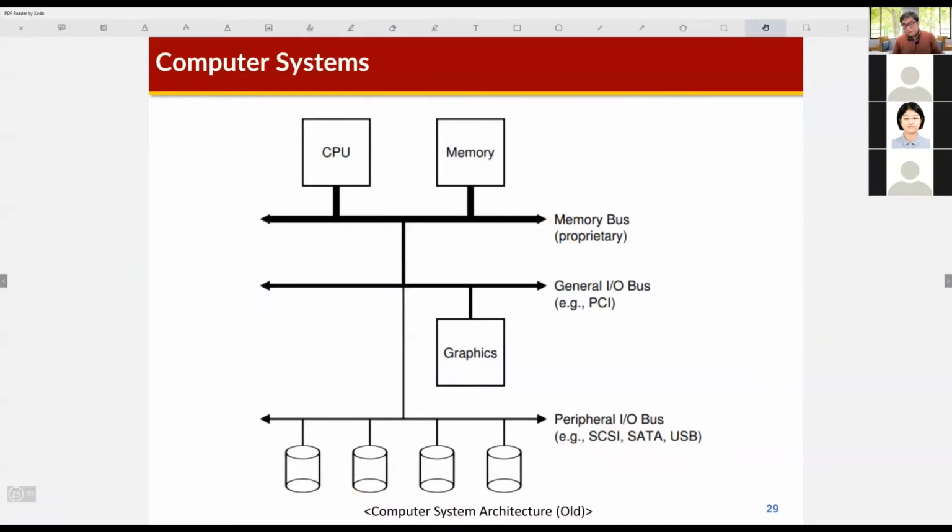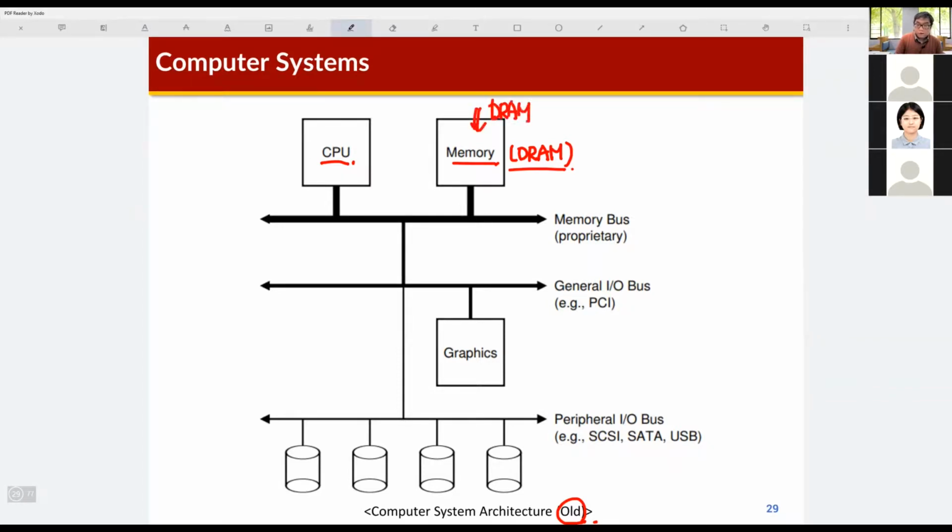Okay. This is a simplified diagram of a computer system that connects the CPU and many components. But as you can see, this is the computer system architecture of the old generation. This is the CPU, this is the memory, like RAM. Our data is stored in the RAM.